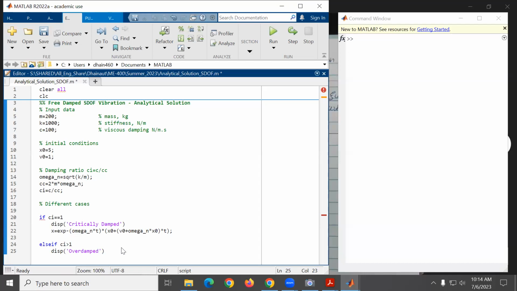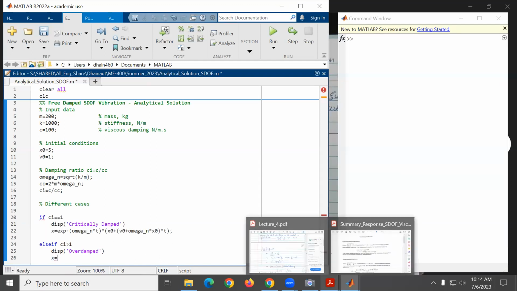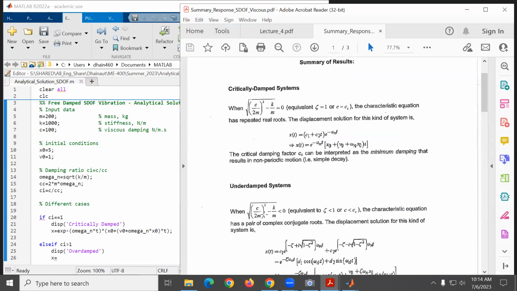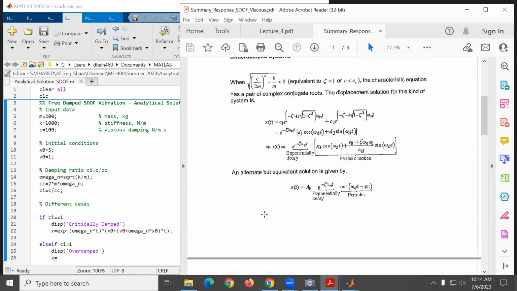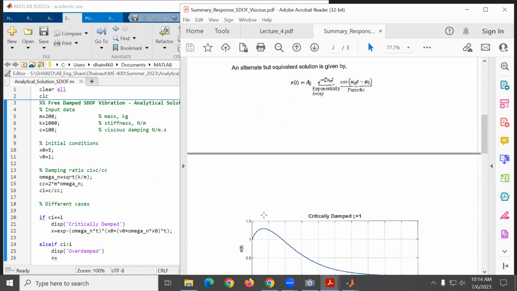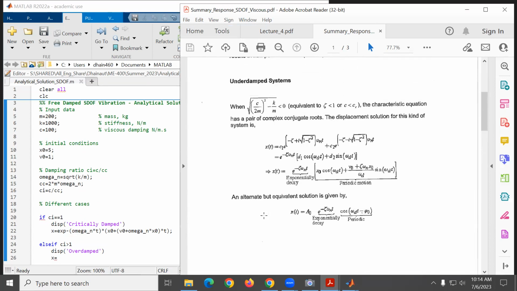In that case, we can write x equal to, let's see, overdamped. Is it there? No.